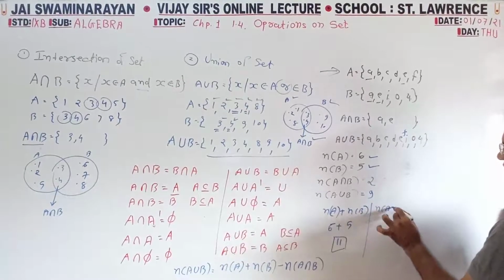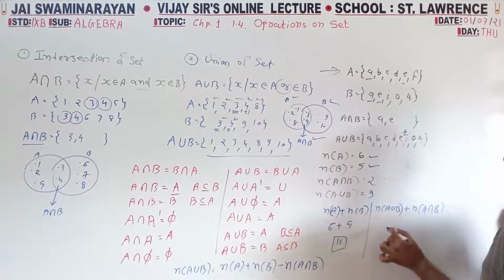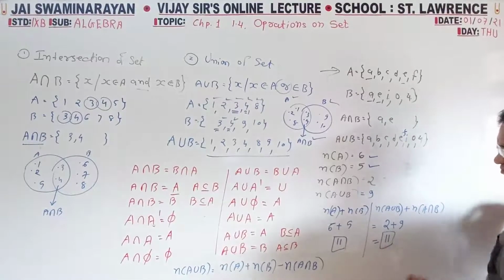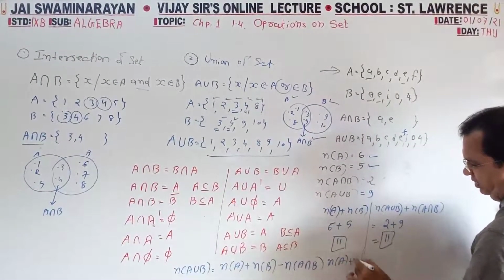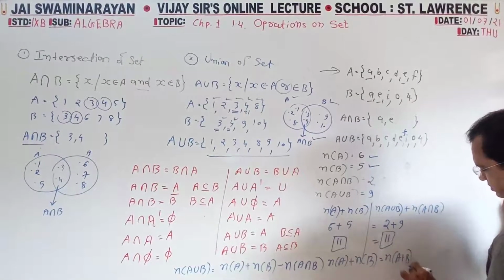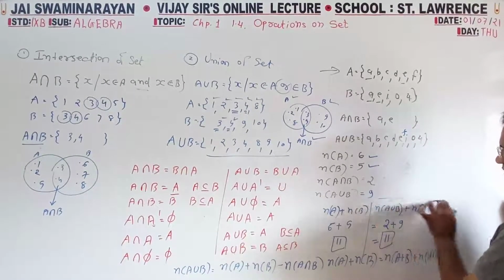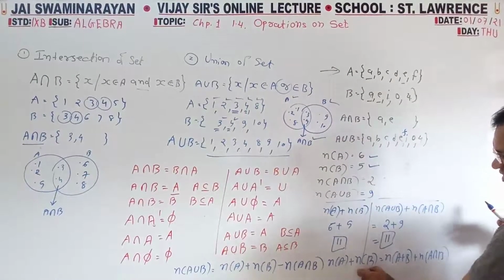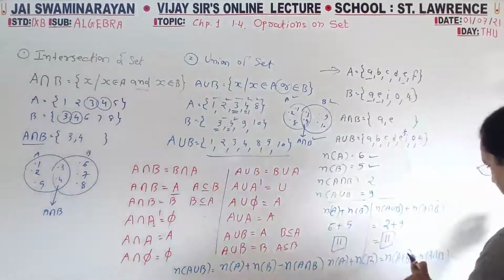Now number of union plus number of intersection, it is 2 plus 9, it is 11. So hence number of A plus number of B is equal to number of A union B plus number of A intersection B. So this plus this is equal to this plus this, that is the formula, and then this I can transfer here. So A plus B minus intersection is equal to union. This is union.